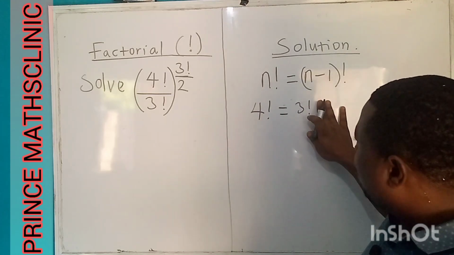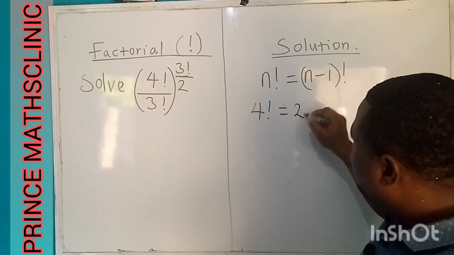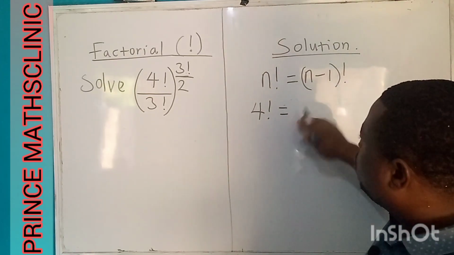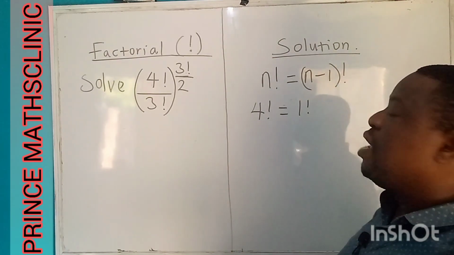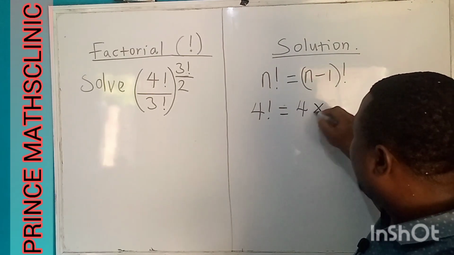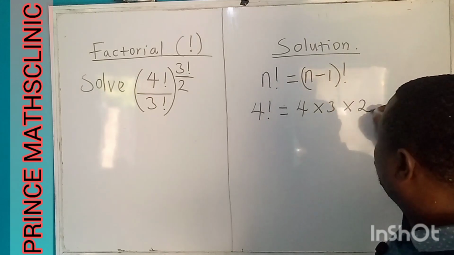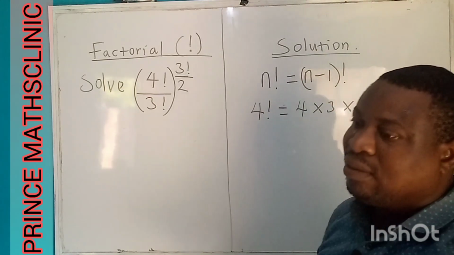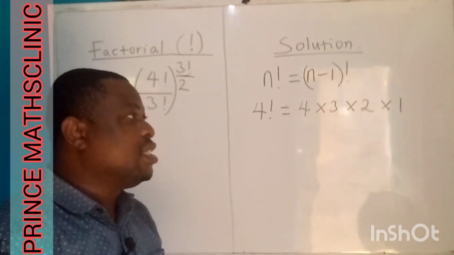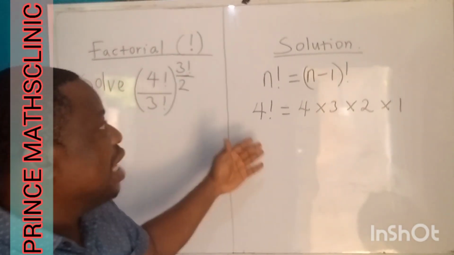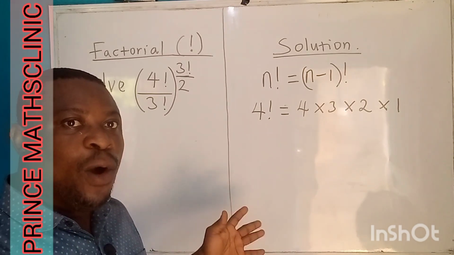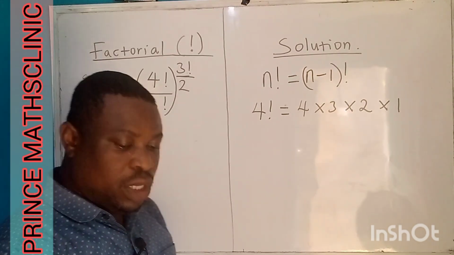Reduce 3 factorial by 1 again, you get 2 factorial. Reduce 2 factorial again by 1, you get 1 factorial. So that means that 4 factorial is simply the product of 4 times 3 times 2 times 1. That is what 4 factorial is. Mind you, it is the product of an integer multiplied by all the other integers below it.